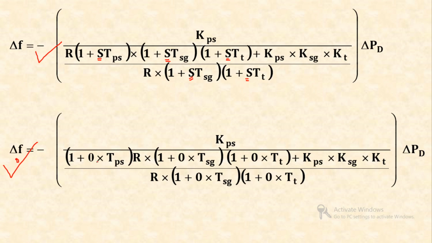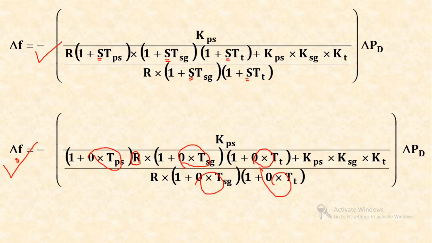So, over here this term will be 0, this term will be 0, this term will be 0, this term will be 0 and this term will be 0. So, the only term that will remain is r, because this is 1 plus 0, 1 plus 0, 1 plus 0. So, all are equal to 1 and multiplied with r.